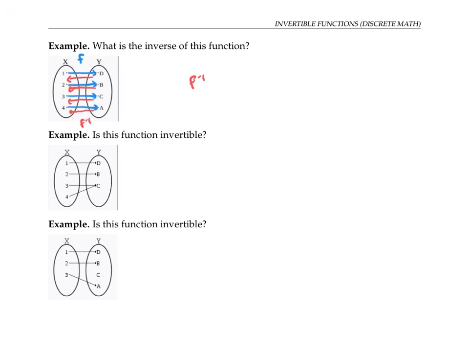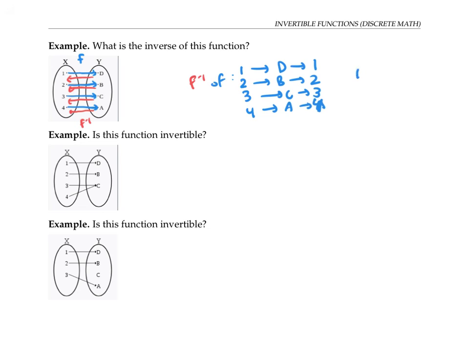Notice that if I do f inverse composed with f, that's going to take the number 1 to D and then back to 1. It'll take 2 to B and then back to 2, 3 to C, back to 3, and 4 to A and back to 4 again.